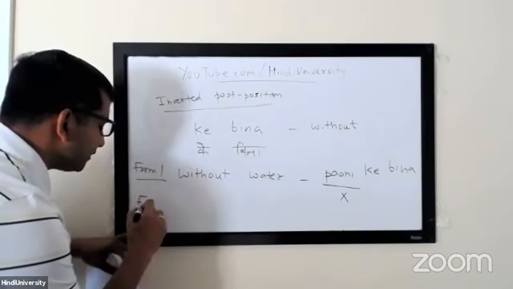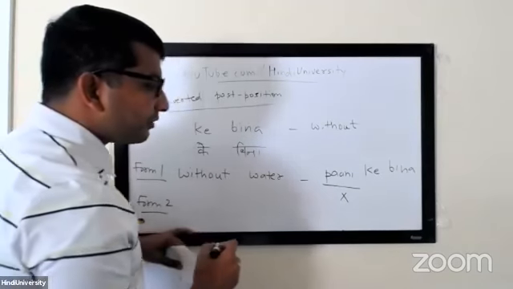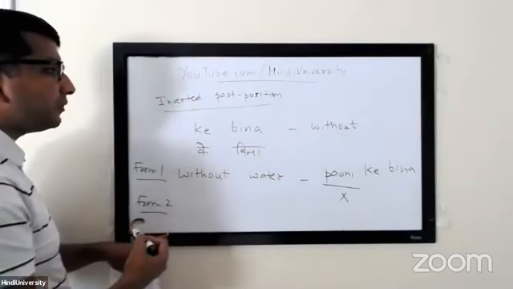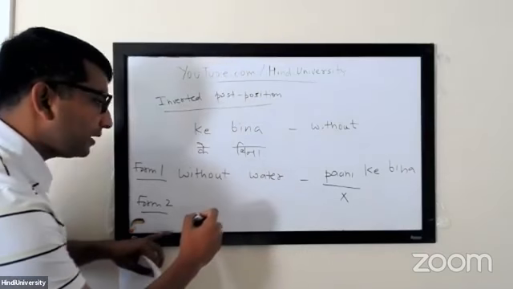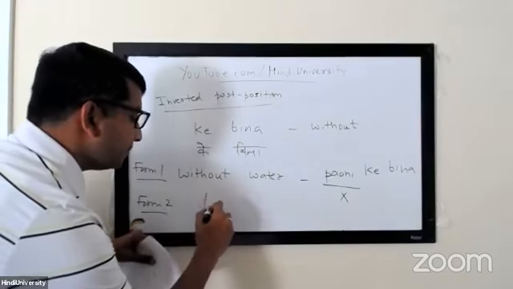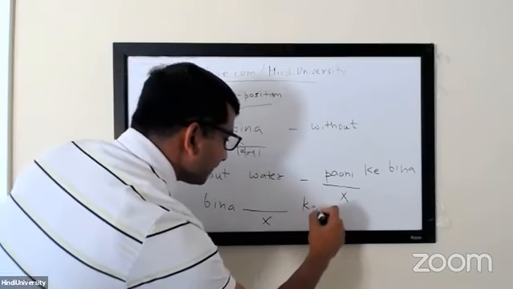Okay, Rupert Snell is saying that we can change the location of it and it still has the same meaning. That's why they're called inverted postposition, which means you have bina ke.